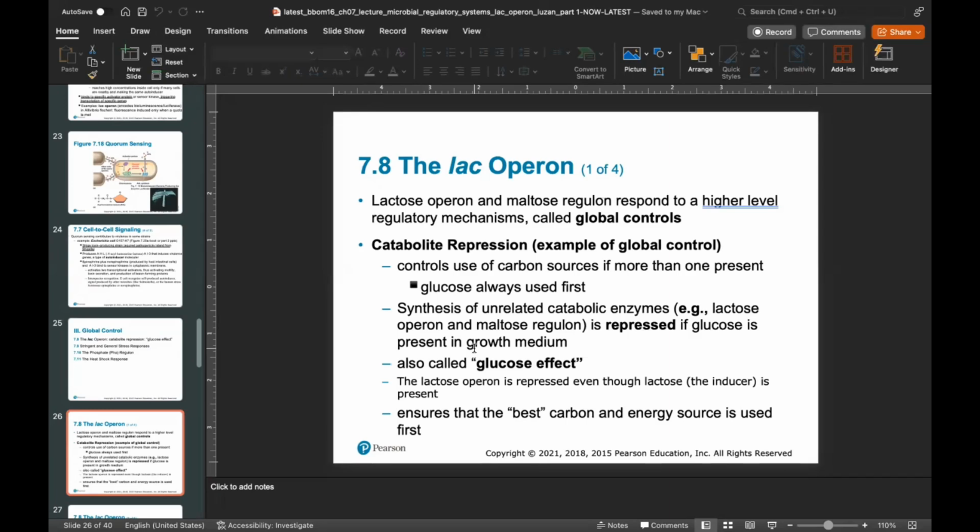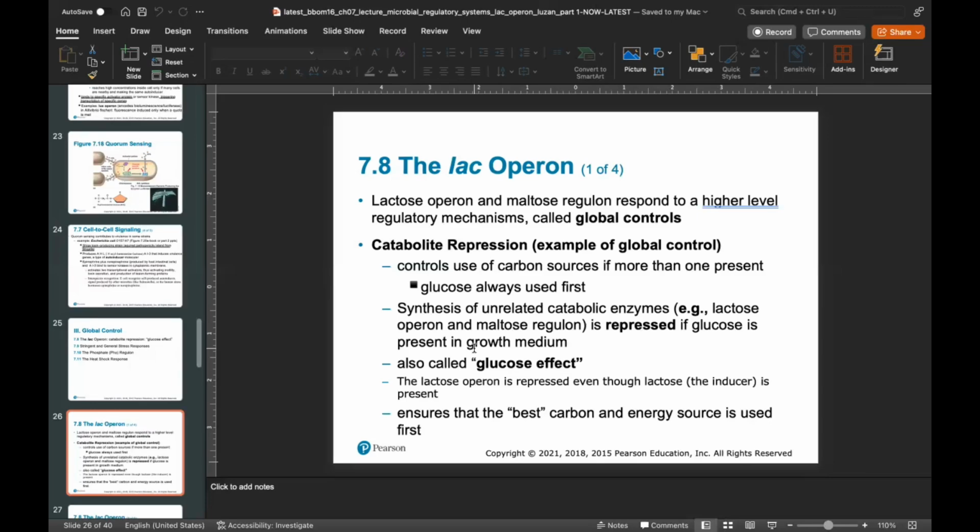The lac operon. The lactose operon and maltose regulon respond to higher level regulatory mechanisms called global controls. Catabolite repression is an example of global control, and it controls the use of carbon sources if more than one is present. Glucose is always used first.